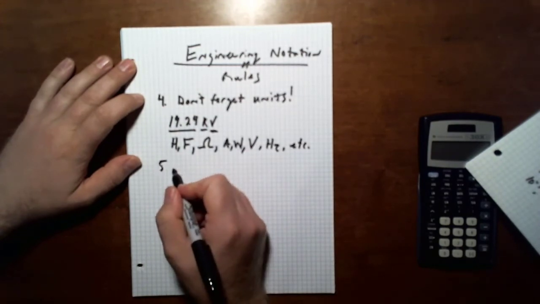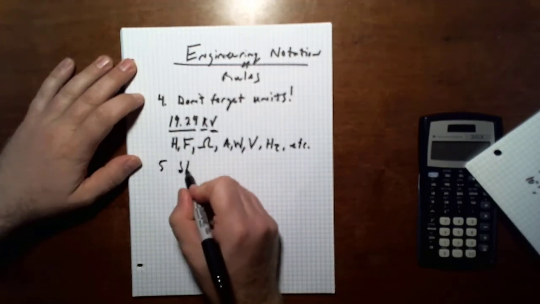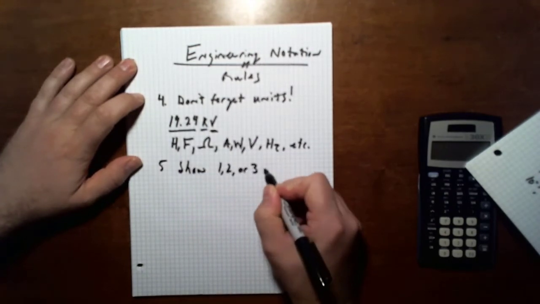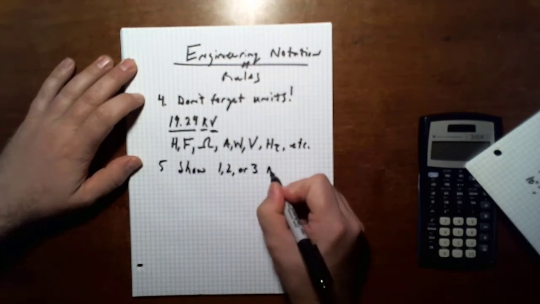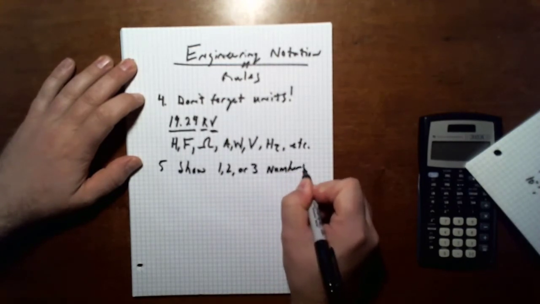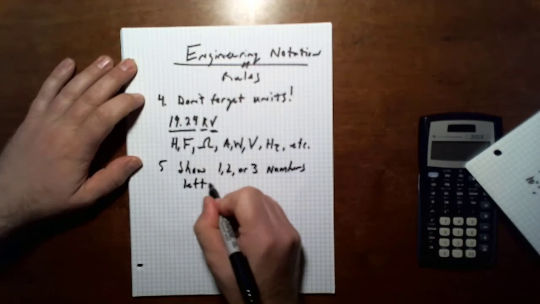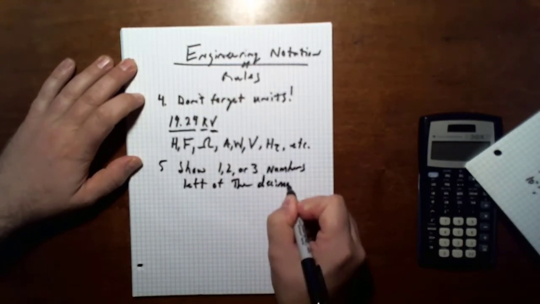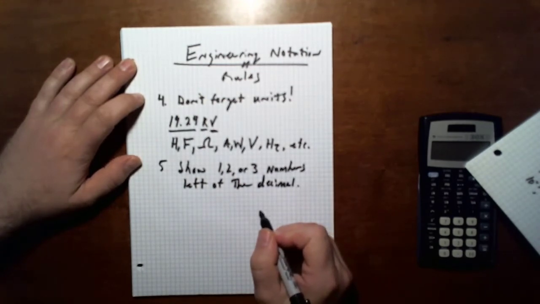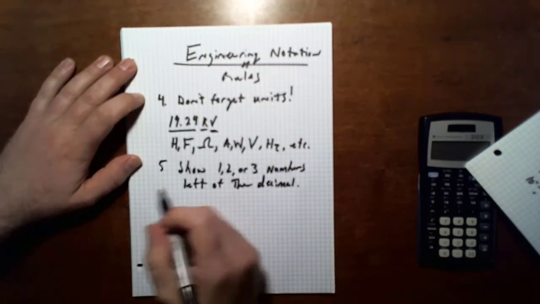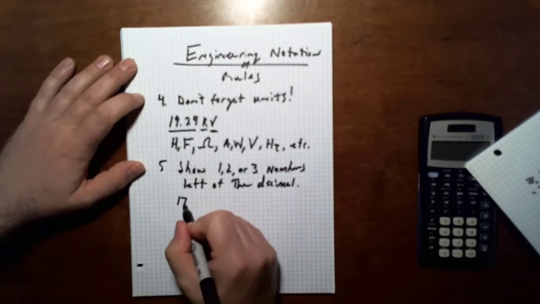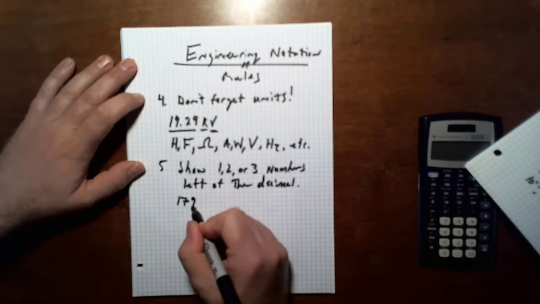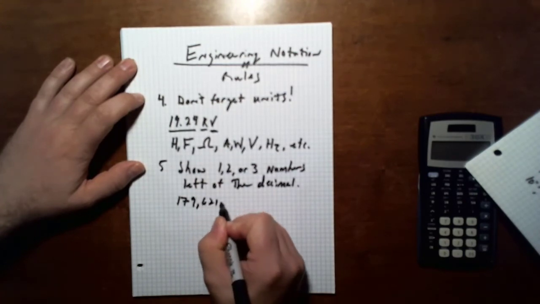Rule 5, show 1, 2, or 3 numbers left of the decimal. Alright, so our numbers are going to look like, if we took 179,621 ohms.